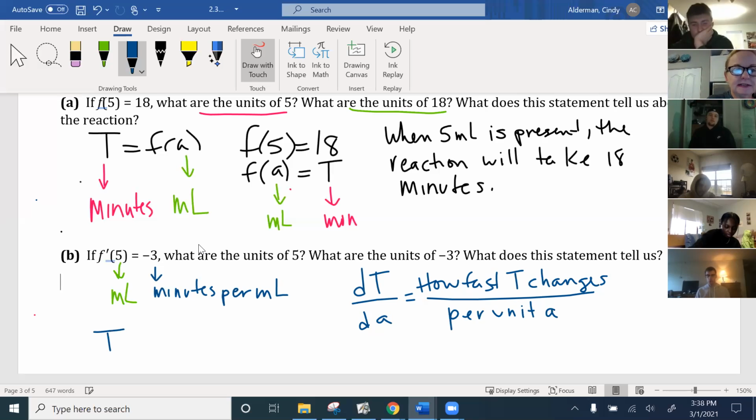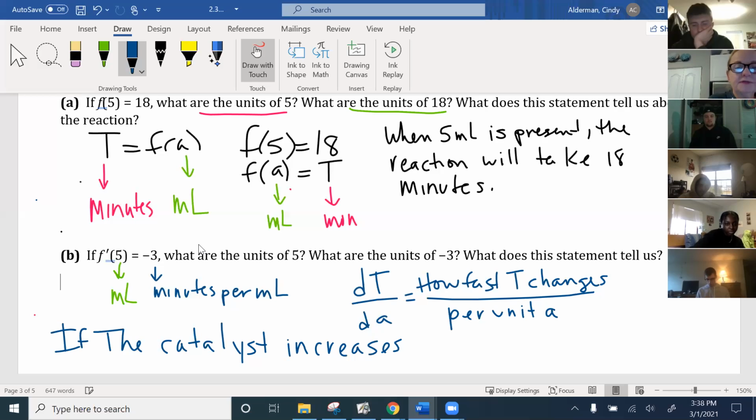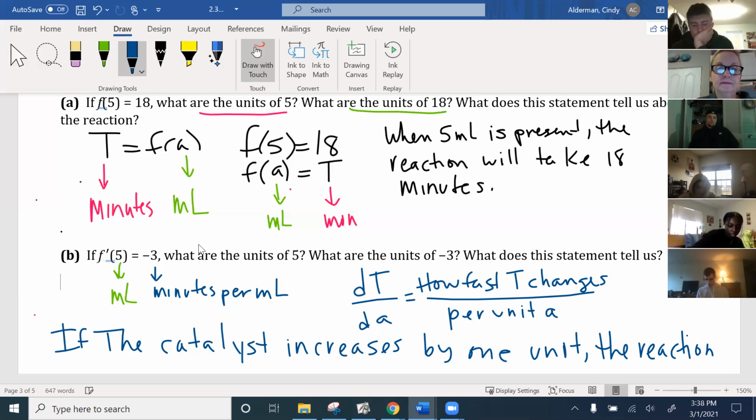Let me write that down, you guys think about it. If the catalyst increases by 1 unit, the reaction, remember, which is time, right?